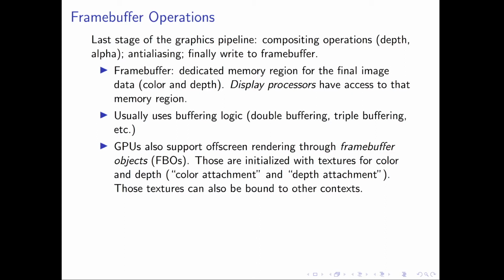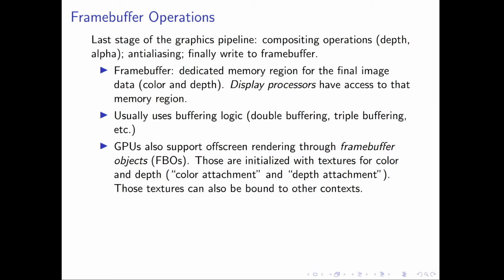And the double buffering logic is also implemented on this stage. And what I just described is true for a context where we really display an image to the screen, or where we have a display connected to the computer.